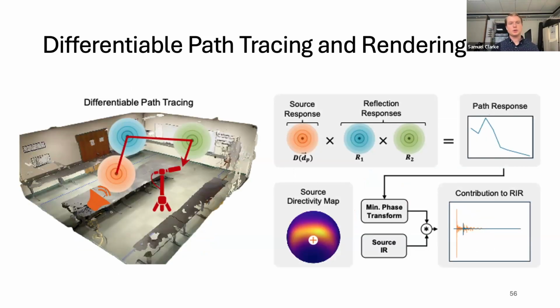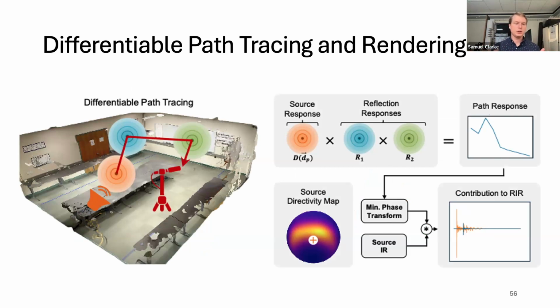We put these two differentiable models into our path tracing framework and use this for an analysis by synthesis process, where we essentially model the speaker directivity as well as the frequency responses and estimate a room impulse response that should ensue from those different parametric models.